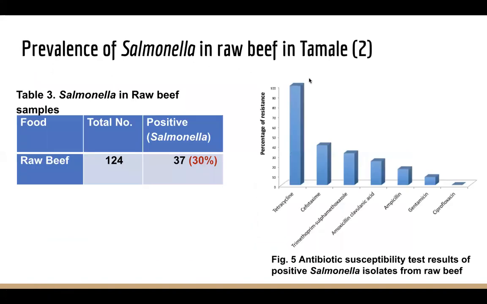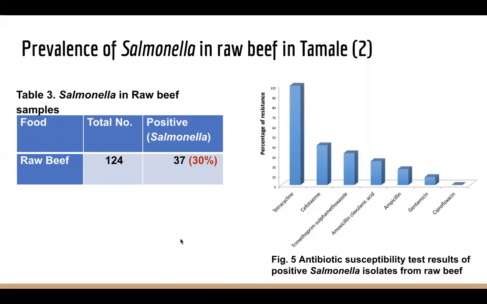Yeah, so out of 124 meat samples we took from the Tamale metropolis, we found salmonella in 37 of them, representing 30% of the meat. So people may also say that meat will be cooked before eaten, but the issue is cross-contamination.